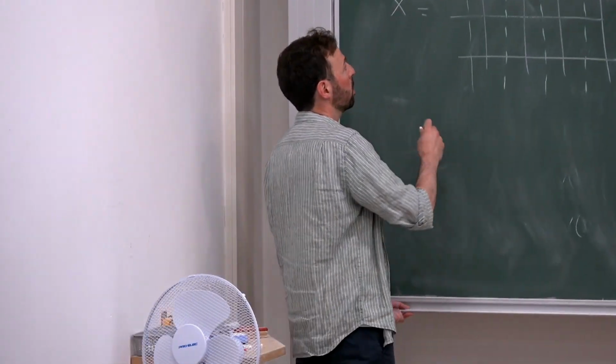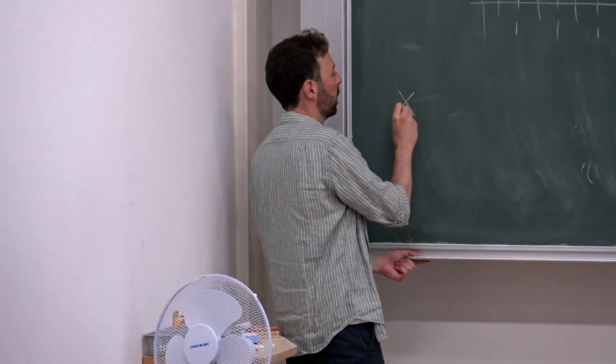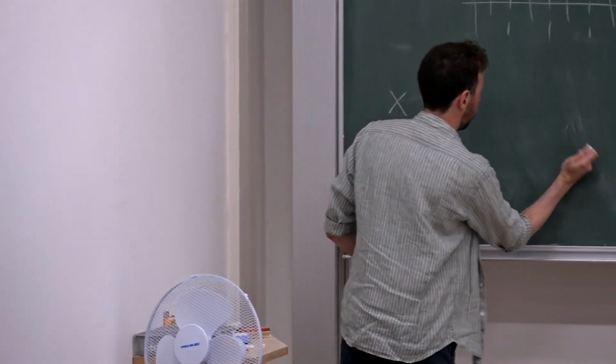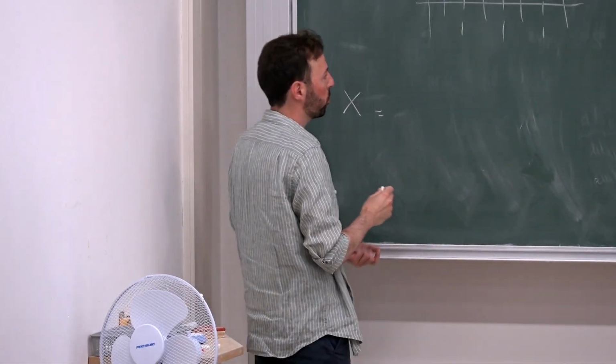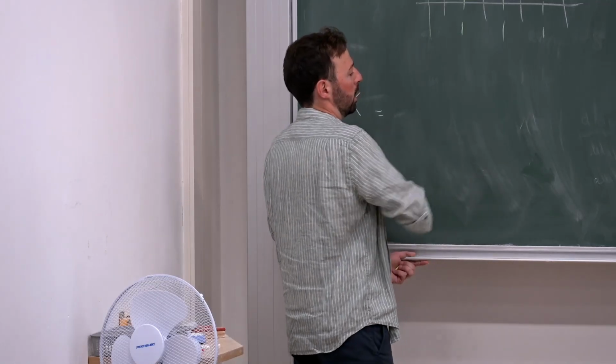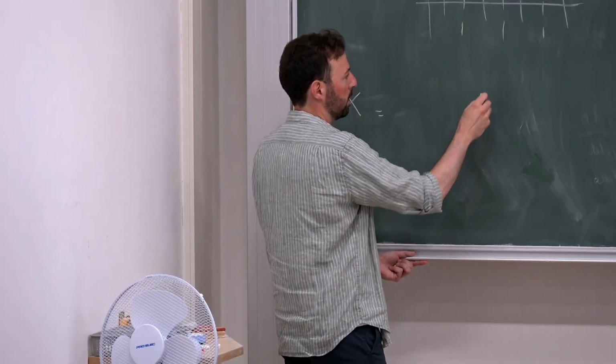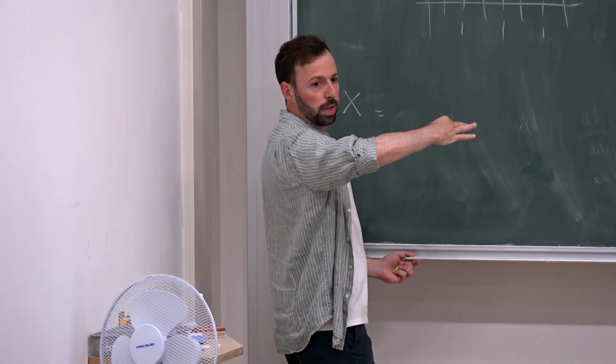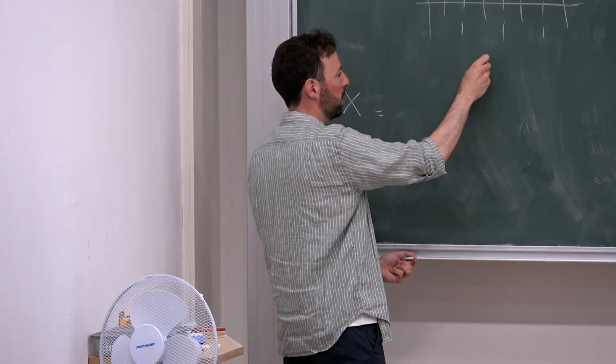And let's look at another quick example. You start from, let's try to draw this, the tiling of the Euclidean plane by equilateral triangles.